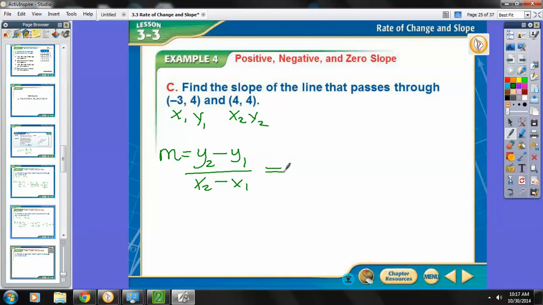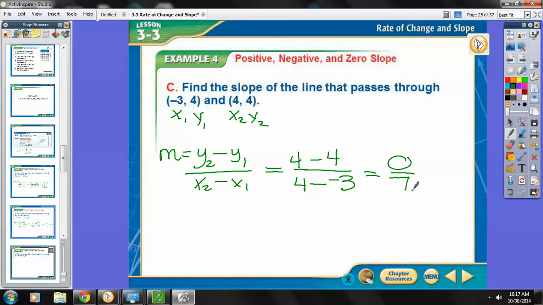Y sub 2 is 4 minus y sub 1, 4, divided by x sub 2, 4, minus x sub 1, -3.